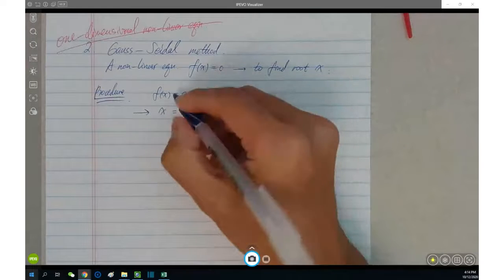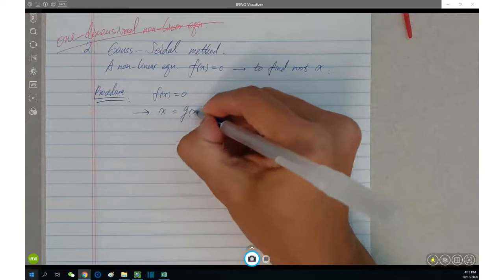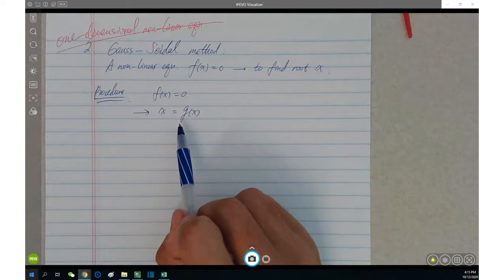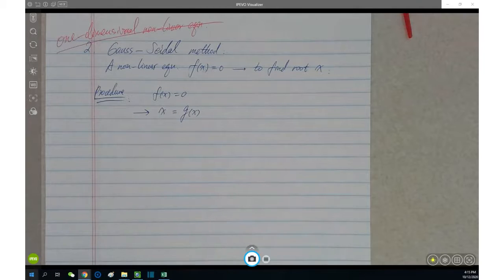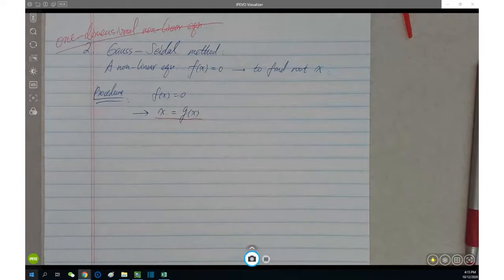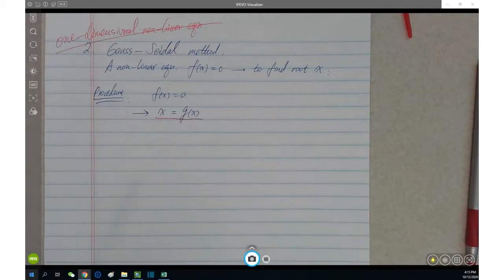Without doing anything, if you directly derive x, what you can end up with is another function which is different from f. So we call it g of x. You're not solving it, so this result is not the solution. Obviously it's not the solution, because your x is in terms of x. It's not a solution yet.